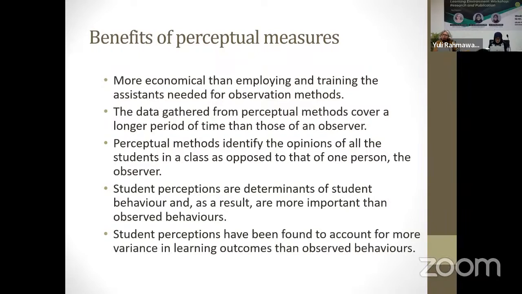But when we send observers, observers can go for a few days. So you will get data for a longer period. And in perceptual data, we get data of the whole class. But if I do an interview, I can only interview a few students, 4 students, 3 students.